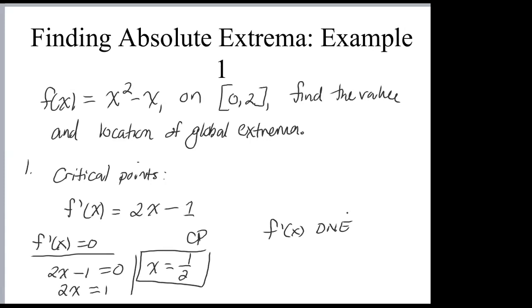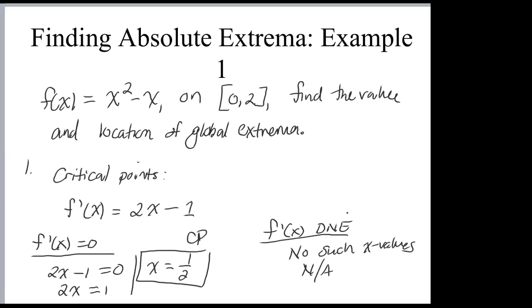Similarly, where f prime of x does not exist, this function is a polynomial. It's defined for all real numbers, so there are no locations where this derivative does not exist. So I might say no such x values, or you could just put NA for not applicable if you prefer.